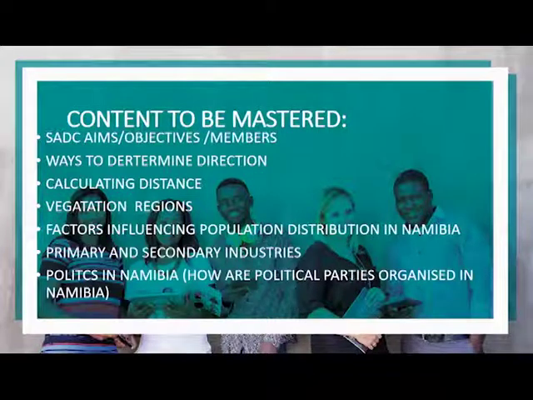Primary and secondary industries. The other aspect that you need to master is primary and secondary industries. What are primary industries? What are secondary industries? There are examples. You might be asked to differentiate between the primary and the secondary industries as well. When you are going to differentiate between two things, you need to show that you are differentiating.